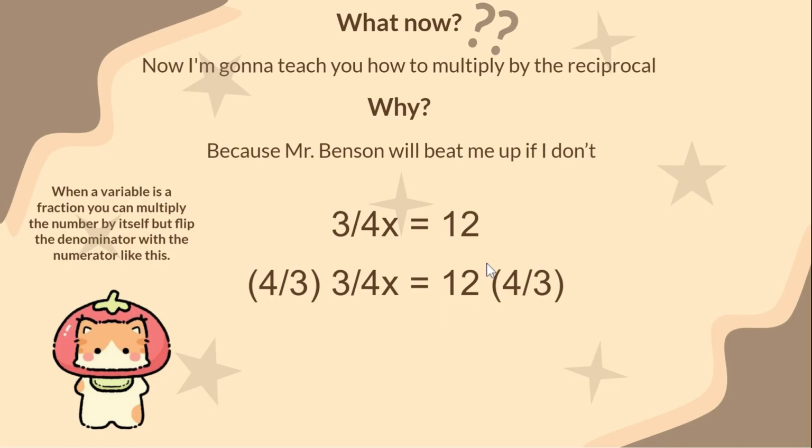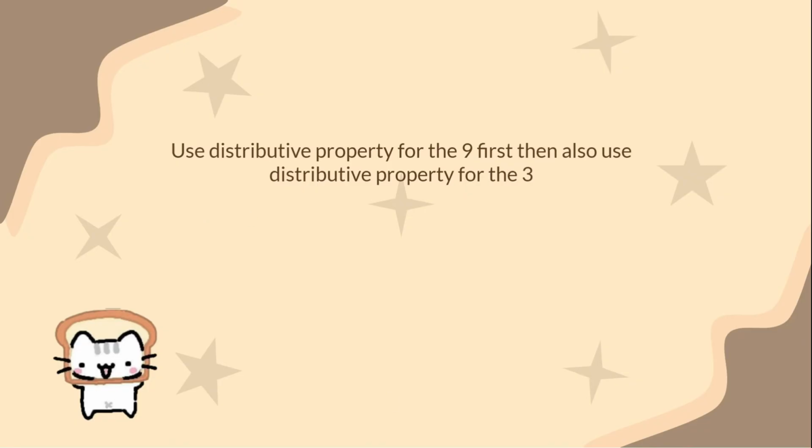So we want to do 12 times 4, which is 48, divided by 3, which would be 16. But I kind of messed up my slide, so it's not really a good thing. But it's whatever, people make mistakes, and I'm too lazy to redo this. I already procrastinated, and I didn't record for like a night.